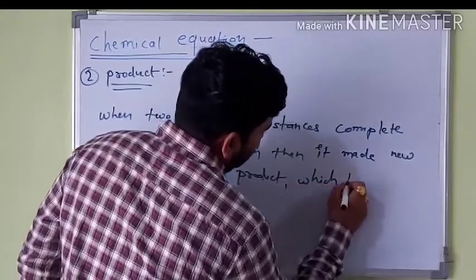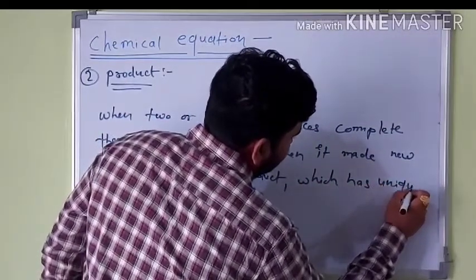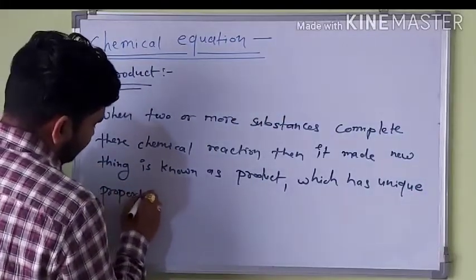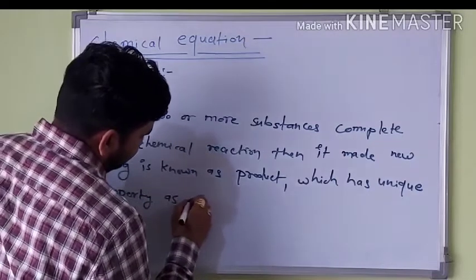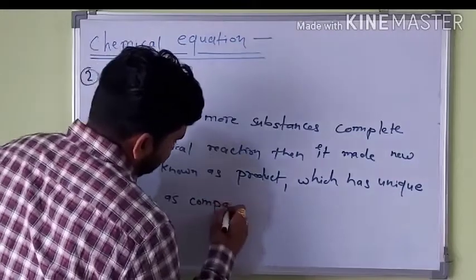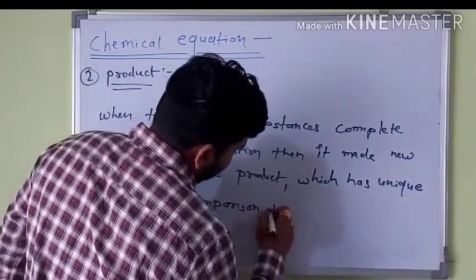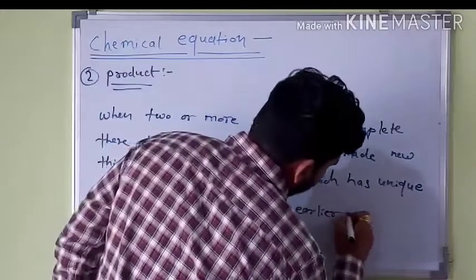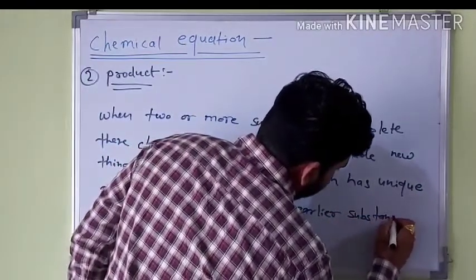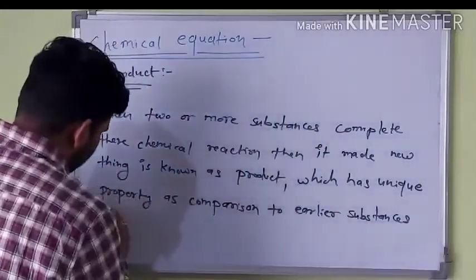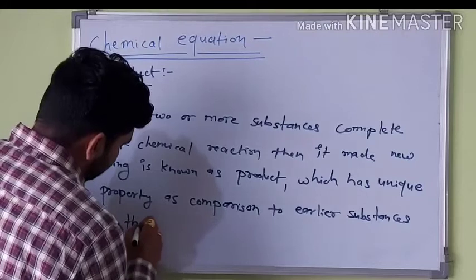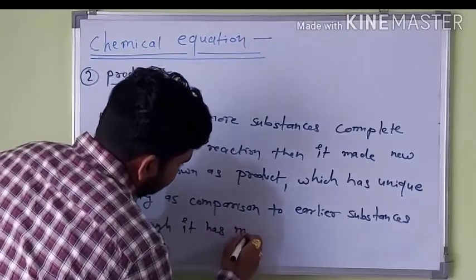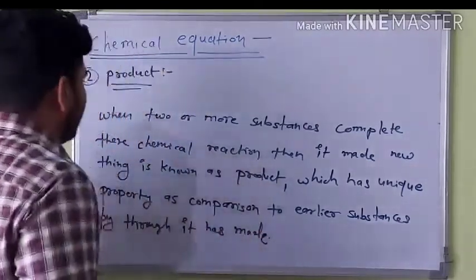The product has unique properties in comparison to the earlier substances through which it has been made, so it is known as the product.